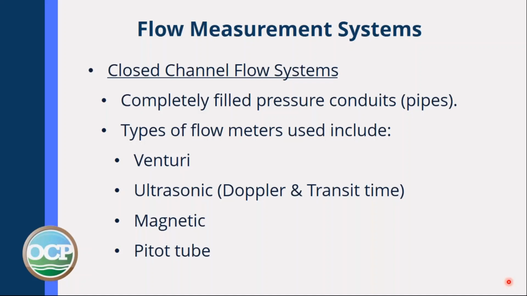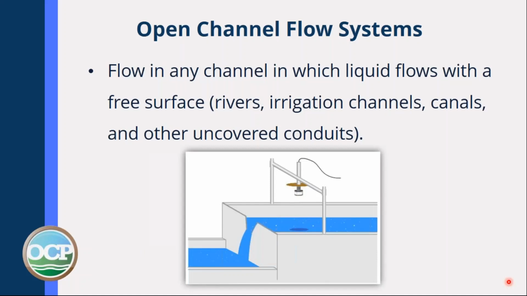We're not going to talk about these closed channel systems because much of what we will measure in terms of wastewater will be in what we call open channel flow systems, which is flow in any channel which has an open surface to the atmosphere.